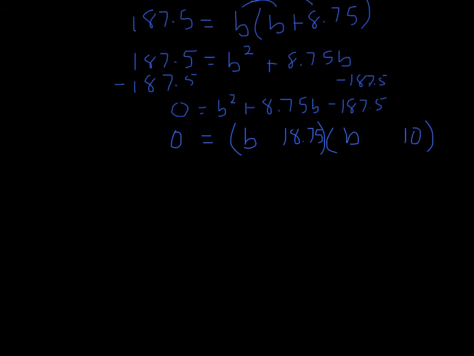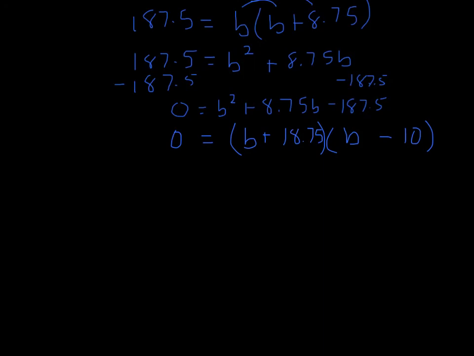In this case we want the 18.75 to be positive and the 10 to be negative, and there they have them opposite because they did the h instead of the b. So don't stress that I'm a little different, because it's going to work out.